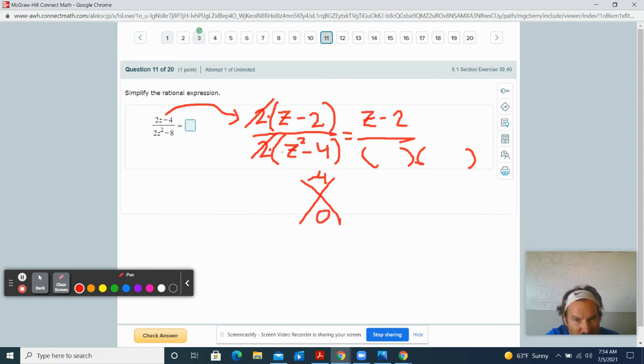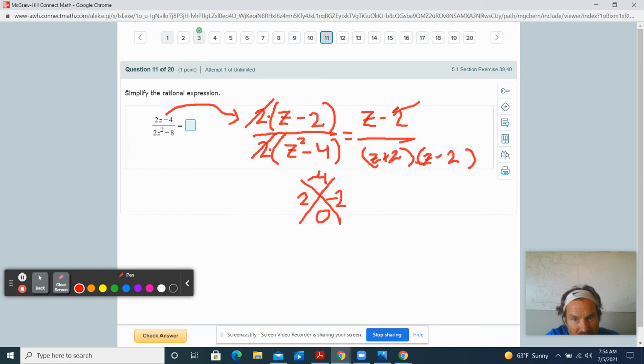So this is a special type of factoring here. It's a binomial, and we have a -4 on the top and a 0 on the bottom. So 2 numbers that multiply to get -4 that add to get 0. You got it. 2 and -2. 2 and -2 multiply to get -4, and they add to get 0. So this is going to be z plus 2 and z minus 2.